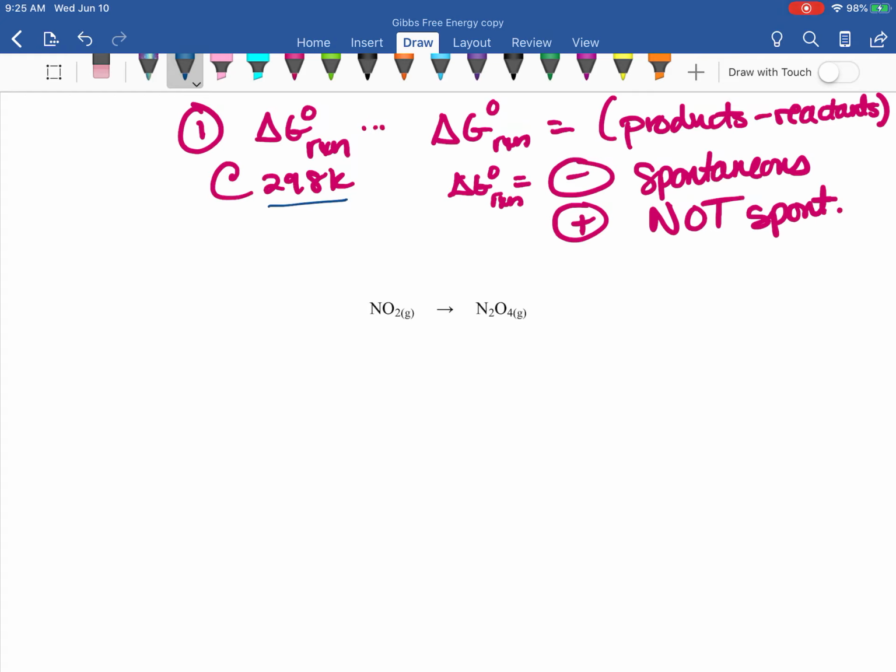And let's go ahead and look up those terms. Let's look at NO2 and N2O4. So I'm looking at NO2 right now, and I'm going to spell out that delta H, my entropy, and my delta G. Let's spell out all of them.